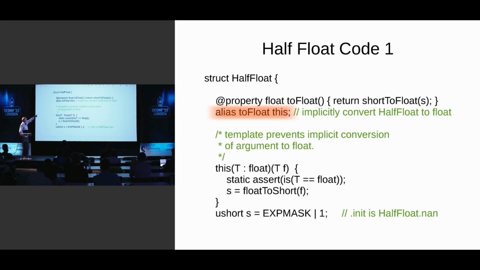And the alias this in there means that whenever the compiler doesn't know what to do with this, it converts it to float and uses floating point arithmetic on it.